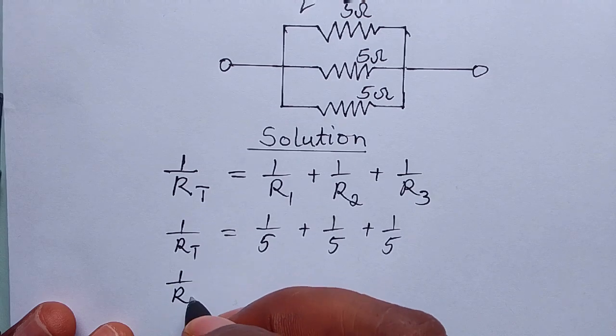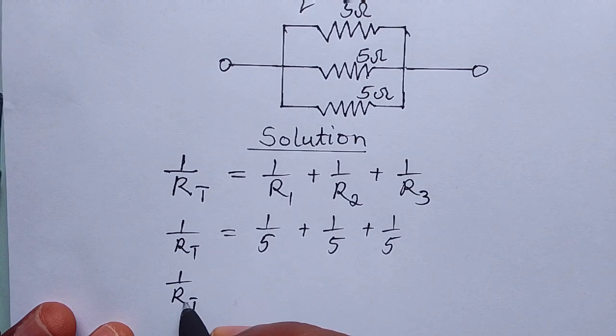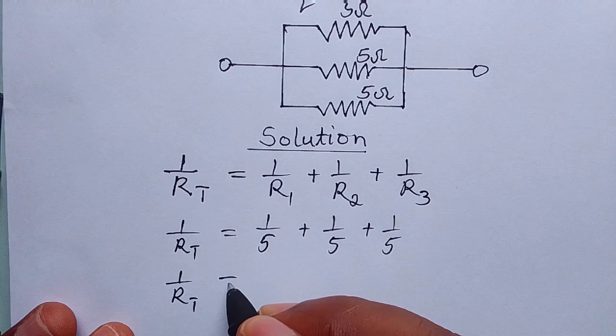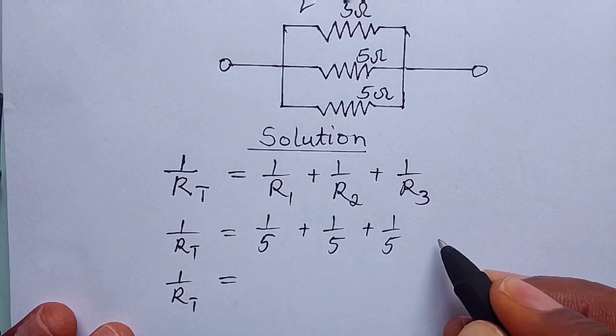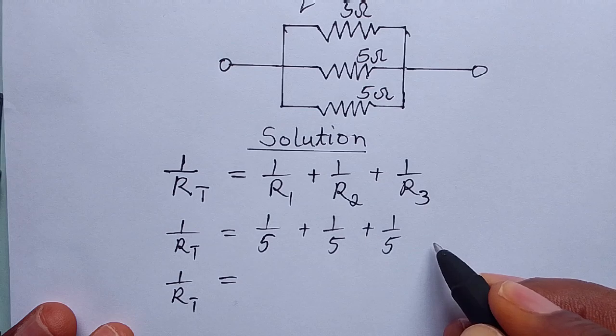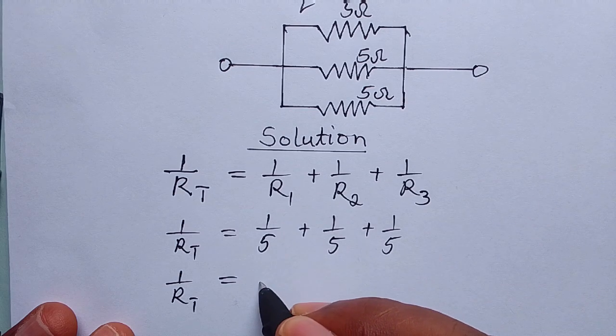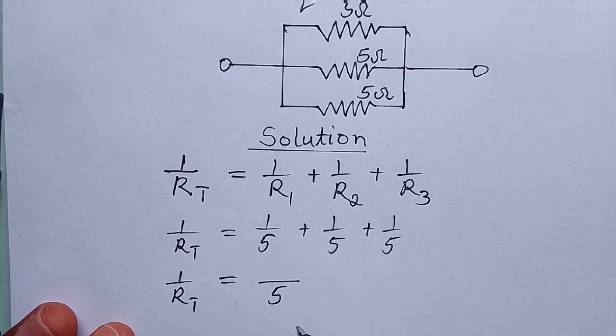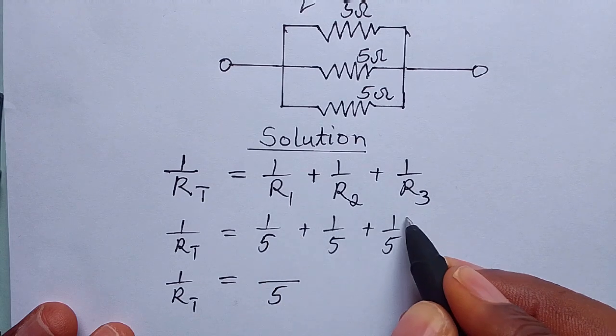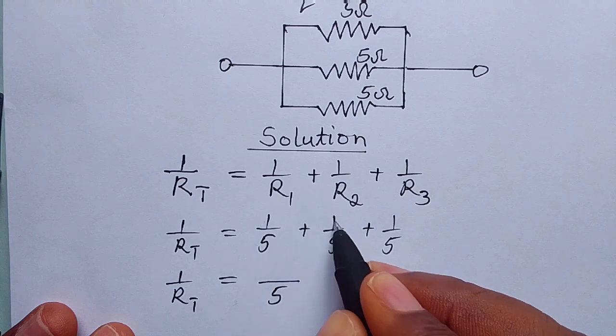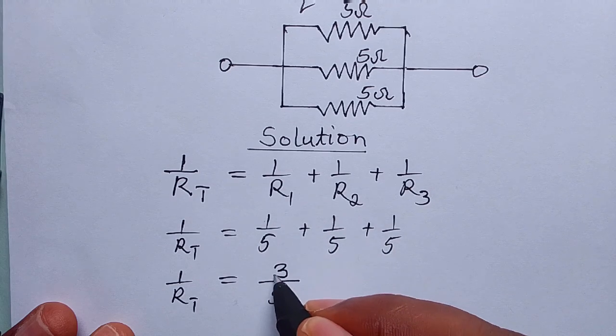Further, this R_T represents the effective resistance. I'll do my addition of fractions here. We have a common denominator, so the LCM is 5. All I need to do is add up the numerator. 1 plus 1 plus 1, I get 3.